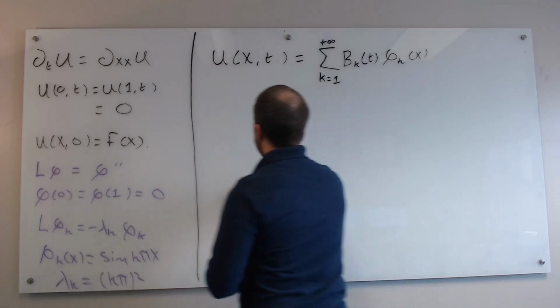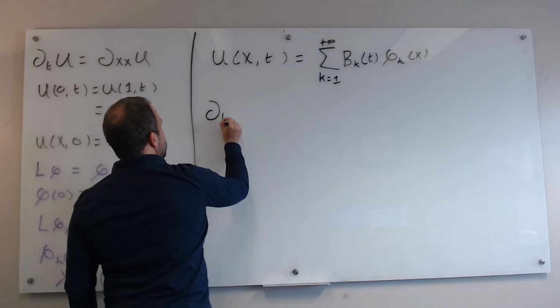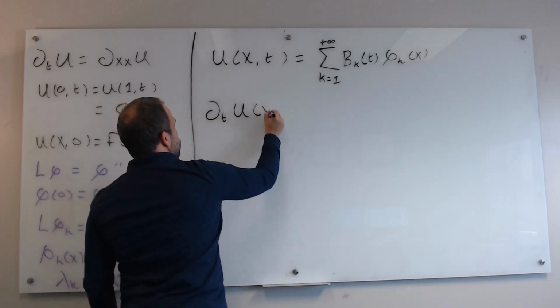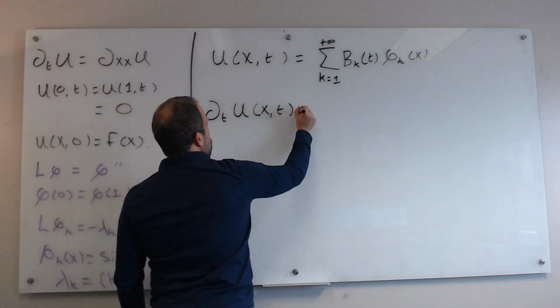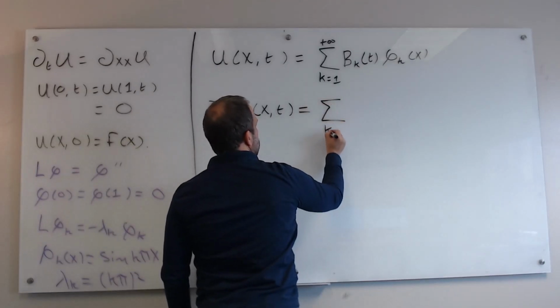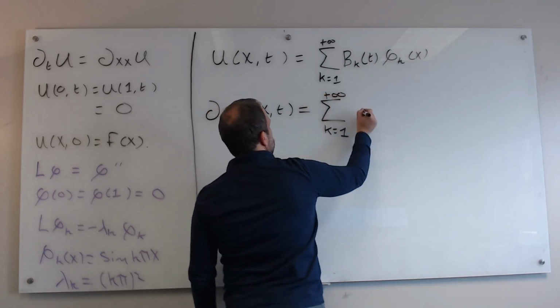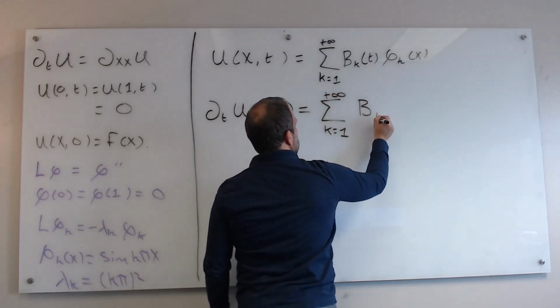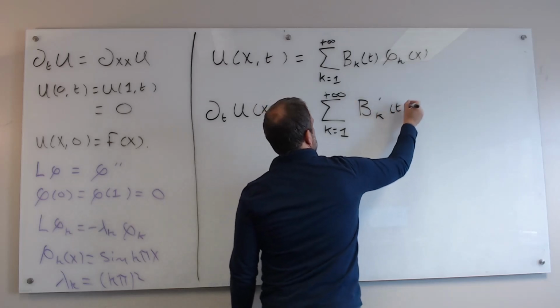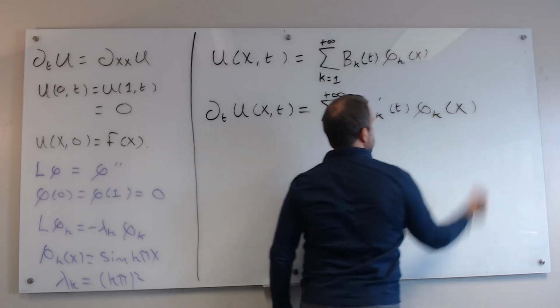All right, so I'm going to take this and plug it into the differential equation. So I know that the t derivative of u, and you can watch the videos that are going to justify all of this term-by-term differentiation we're about to do, if I do the t derivative of u, it's the sum k equals 1 to infinity b k prime of t phi k of x.